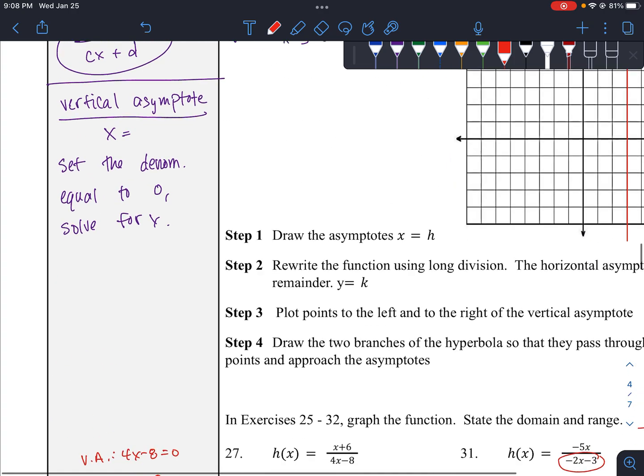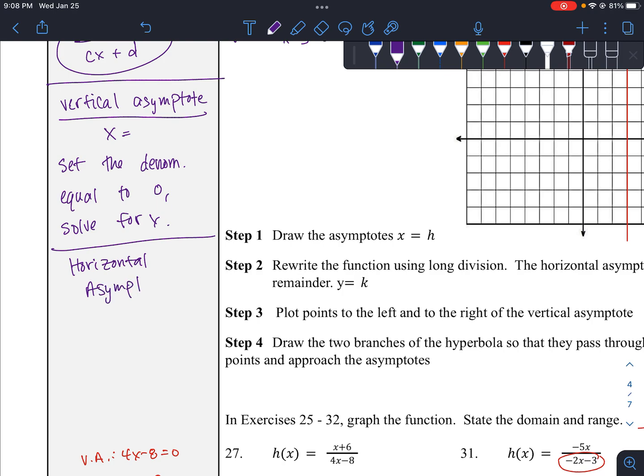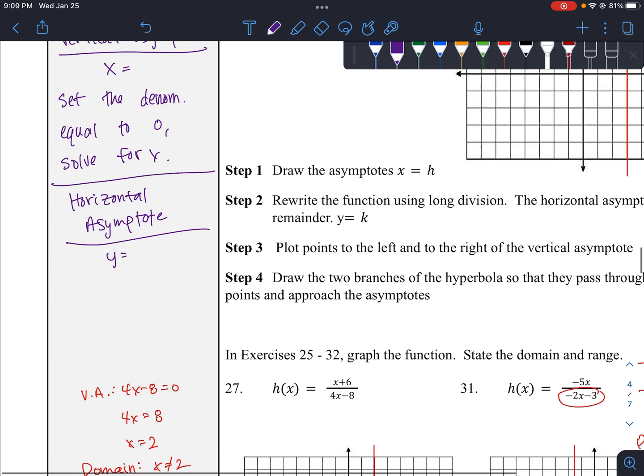Okay, all right, well, now let's talk about the horizontal asymptotes. So the horizontal asymptotes will always be y equals, okay?